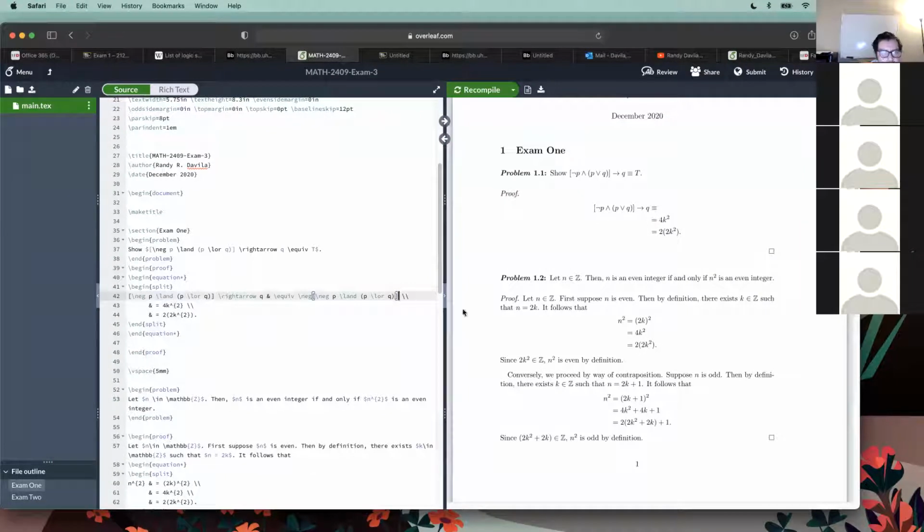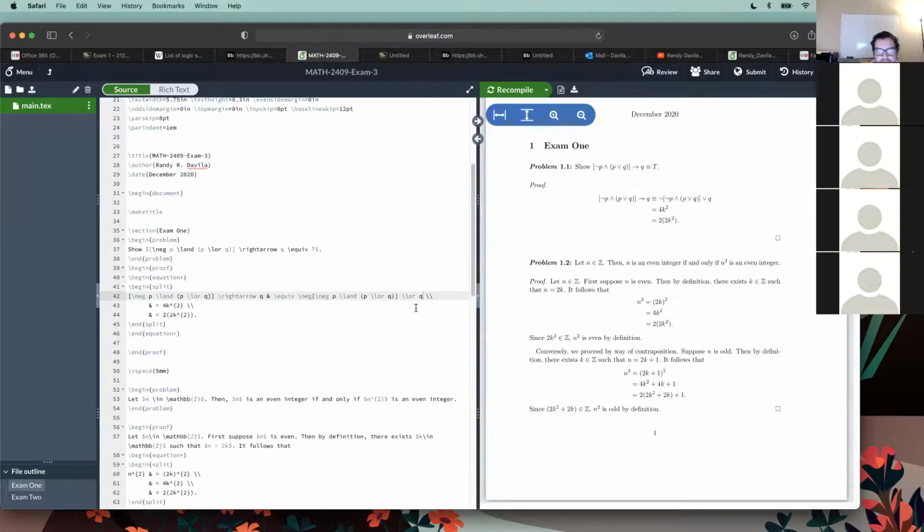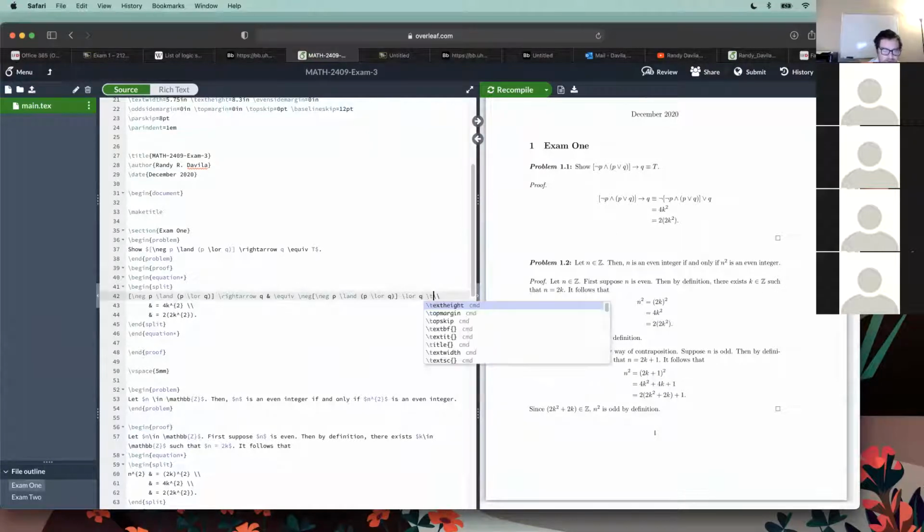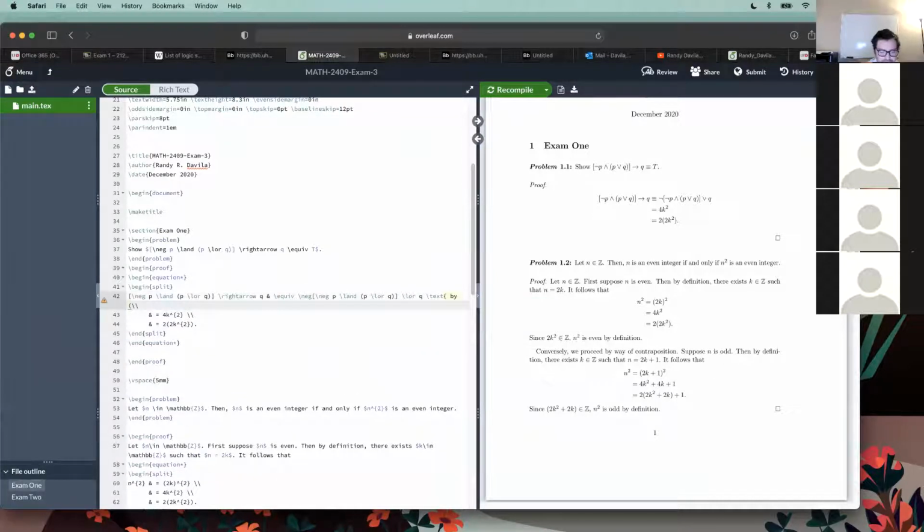And then or Q. Okay, and what was the law that we used there? Whenever you put in text while you're in math mode, you need to specify that. So you can say \text, space, by star or something.